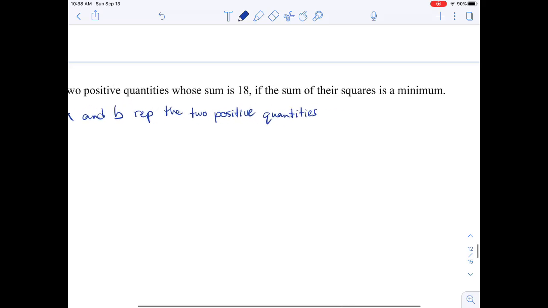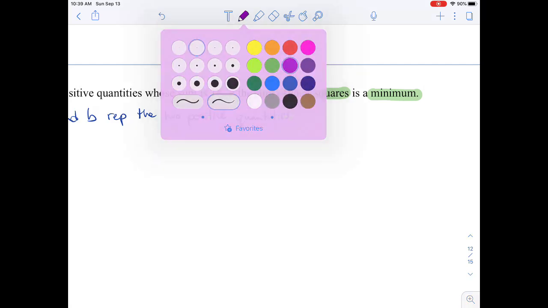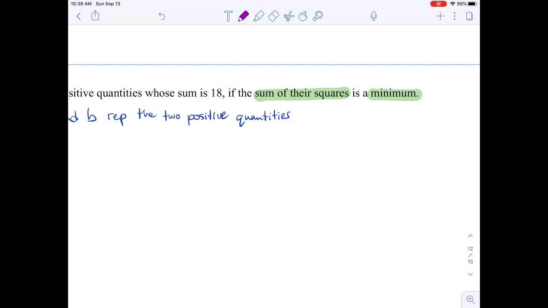And then the thing I'm actually trying to minimize needs to have a variable as well. So the sum of squares needs to be a minimum. So I need to create some sort of equation that represents this thing called the sum of squares. And then I need to take that relation and find the minimum value of it. So for the sum of squares, we can just give it a name, s.